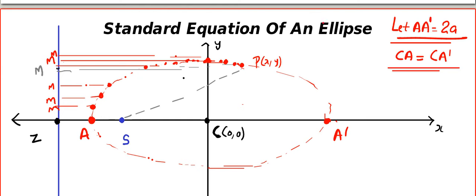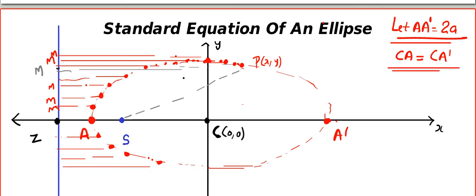Anyway, the point I was explaining is, this P can be anywhere. Don't forget, P is on the ellipse. If P reaches here, M will be here. Like that, like that, like that.